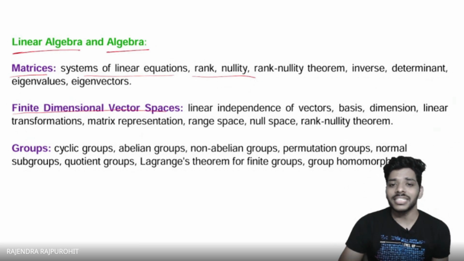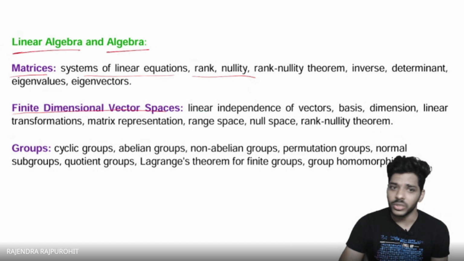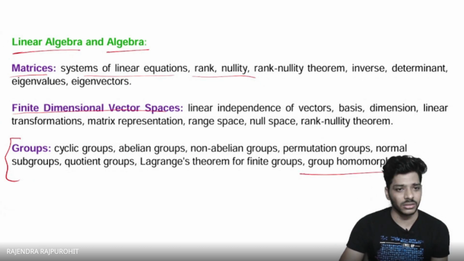Then vector spaces and finding linear independence, linear dependence and basis, finding dimension, linear transformation, basic properties of linear transformation, and so on. Then in group theory, you have abelian groups, group homomorphism. I think all of this is your first year syllabus.